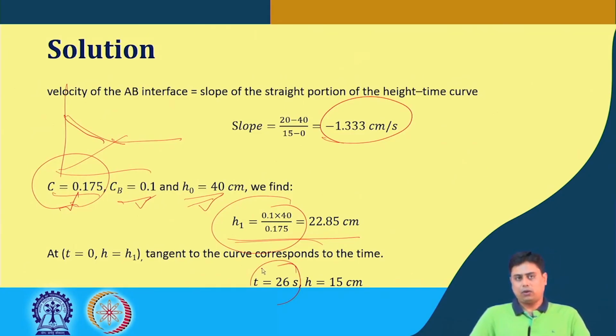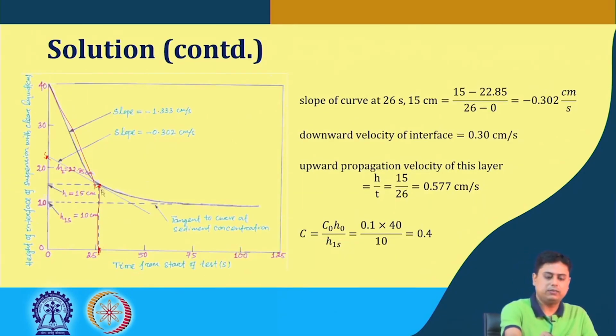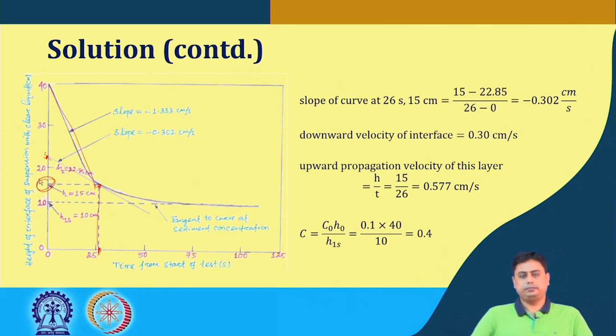The tangent from this point, that is t equals 0 and h equals h1, gives us the corresponding time for this concentration, and this concentration gives a height of 15 centimeter. So that means from the bottom of the vessel, at 15 centimeter, we have this interface of 0.175 and the clear liquid.